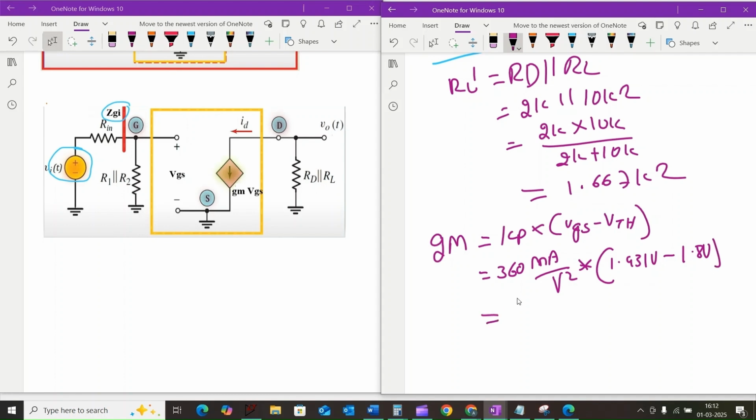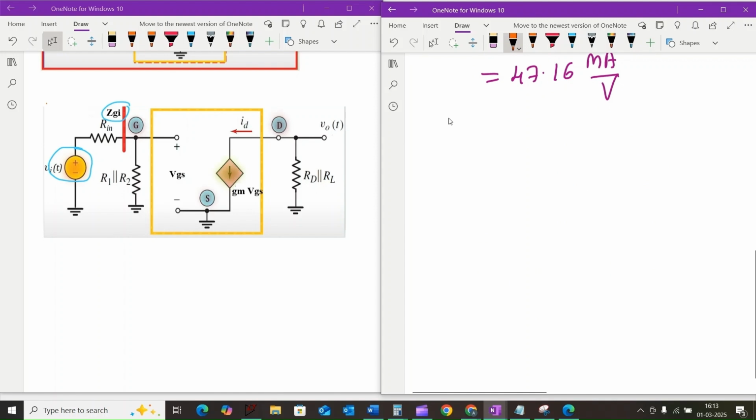When we simplify this, we will get 47.16 milliamps per volt. And let us calculate the voltage gain of the amplifier circuit.